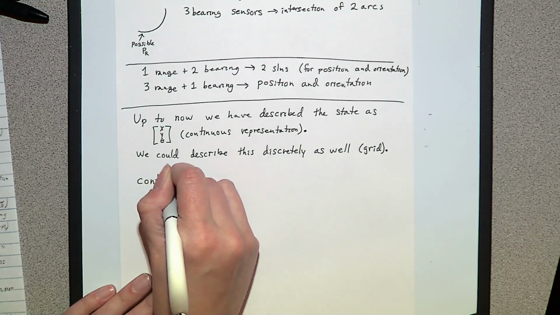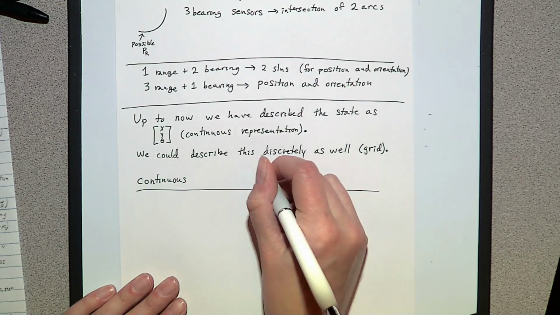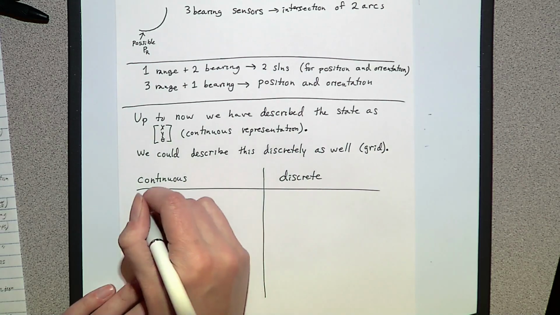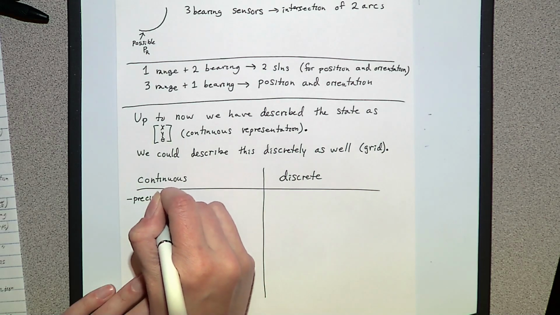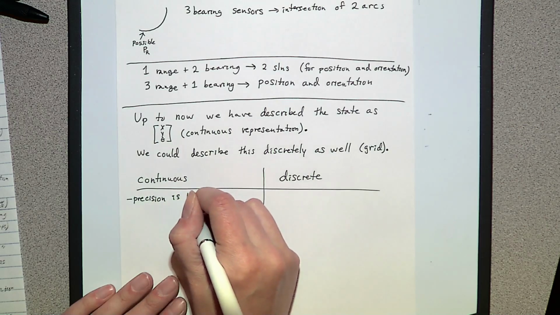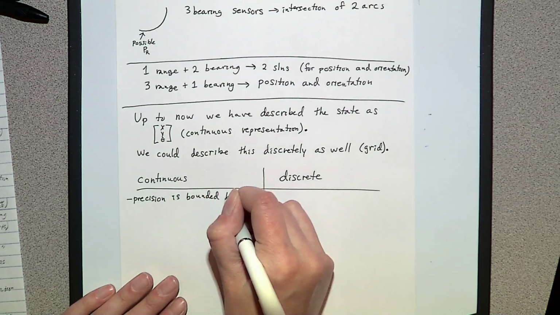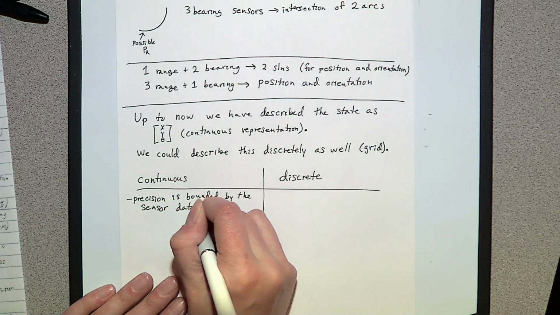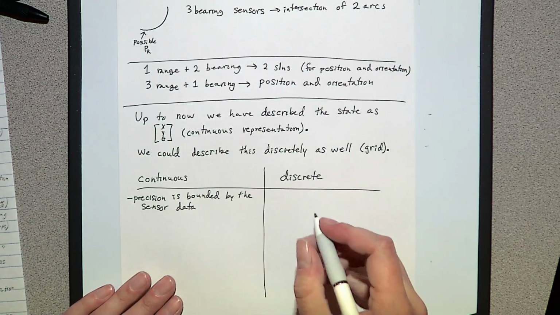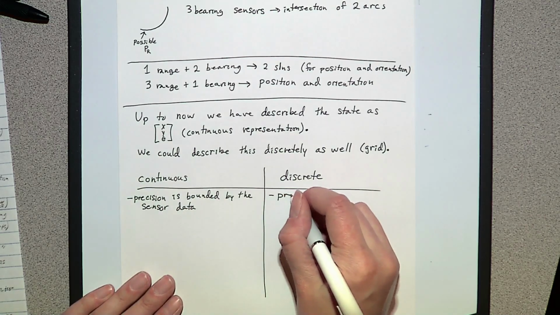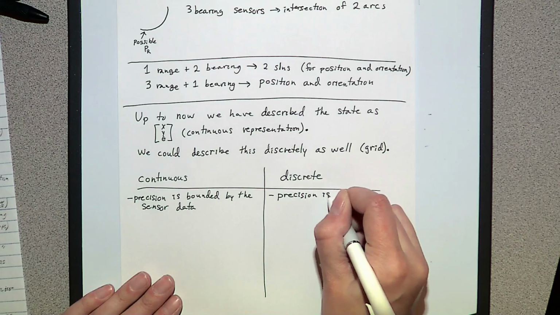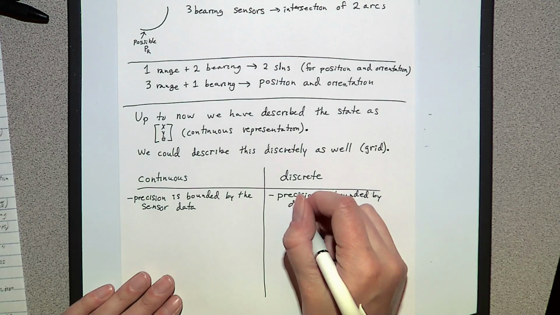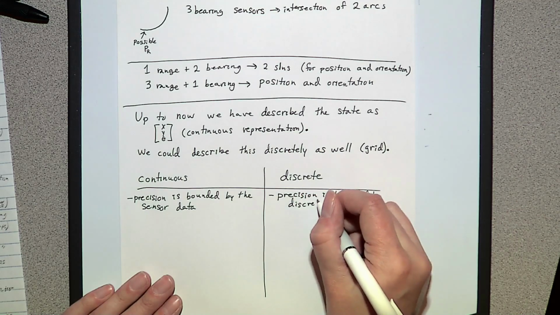So continuous versus discrete. In the continuous, our precision is bounded by the sensor data. In the discrete, our precision is bounded by whatever level of discretization we use.